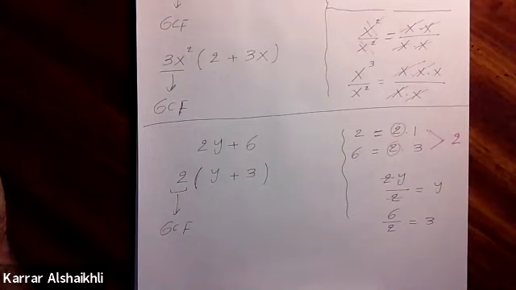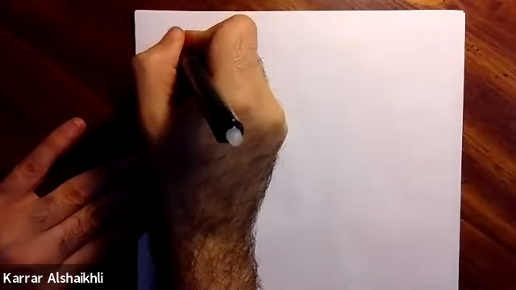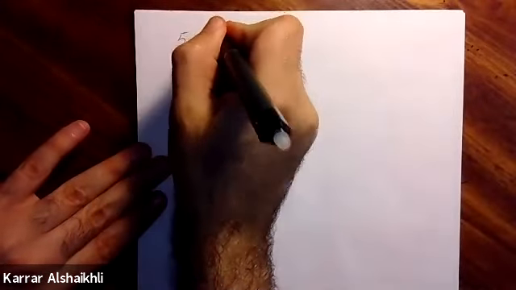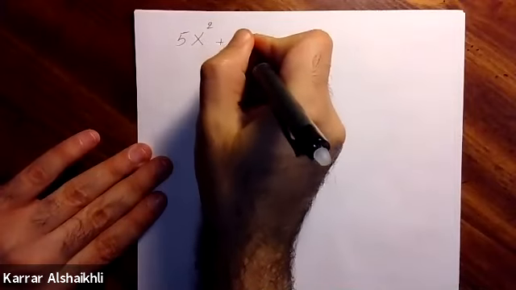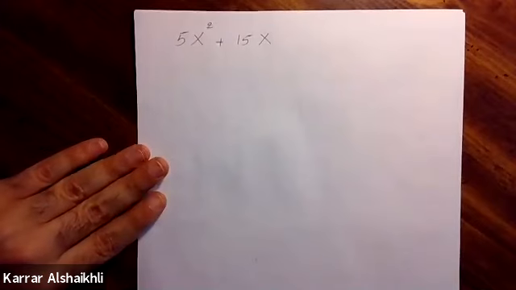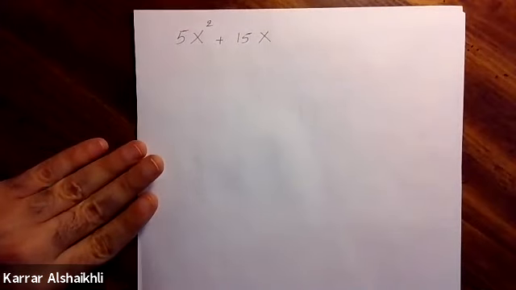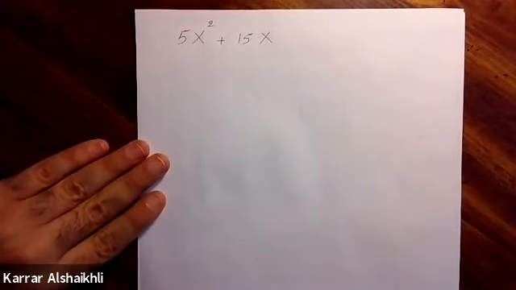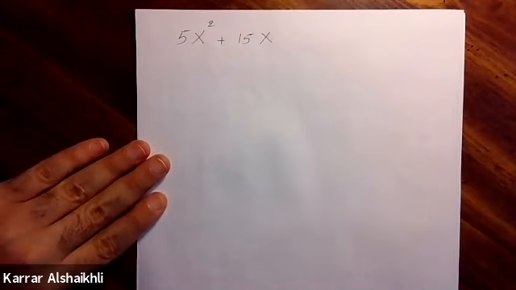We're going to do more examples. By examples, everything is going to be easy. Don't be scared to ask any questions. If you have 5x squared plus 15x, always make sure the first step is to find, sorry, the GCF.